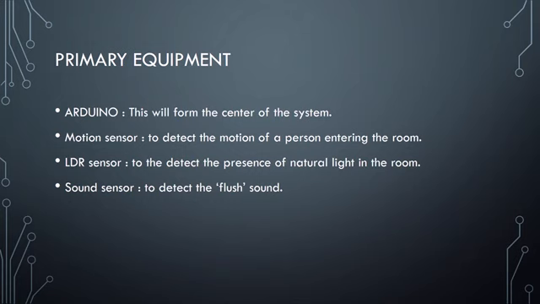We used the motion sensor to detect the motion of a person whenever a person is entering the room, and the LDR sensor for detecting the natural light and differentiating it from the normal light emitted by the bulb in the restroom. The sound sensor, as I said earlier, is used to detect the flush sound and release the air freshener, as well as turn on the exhaust fan.